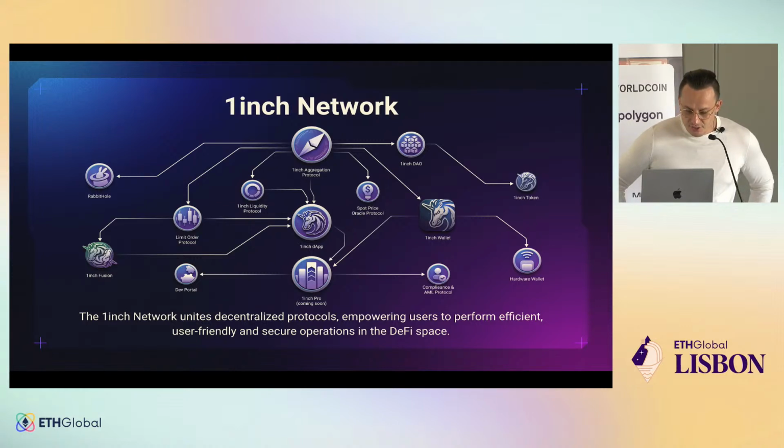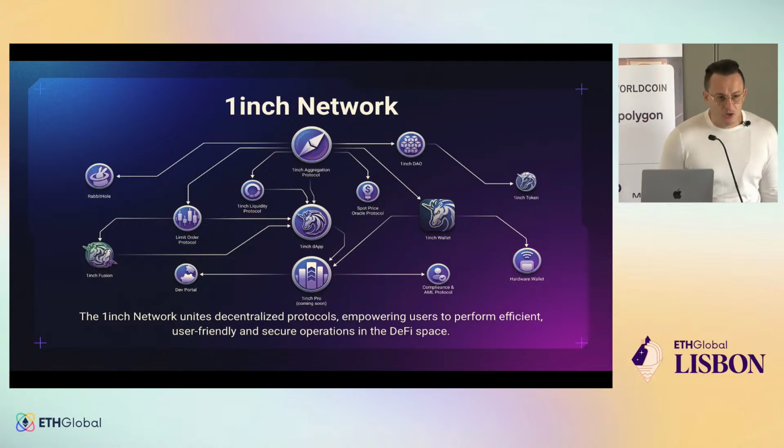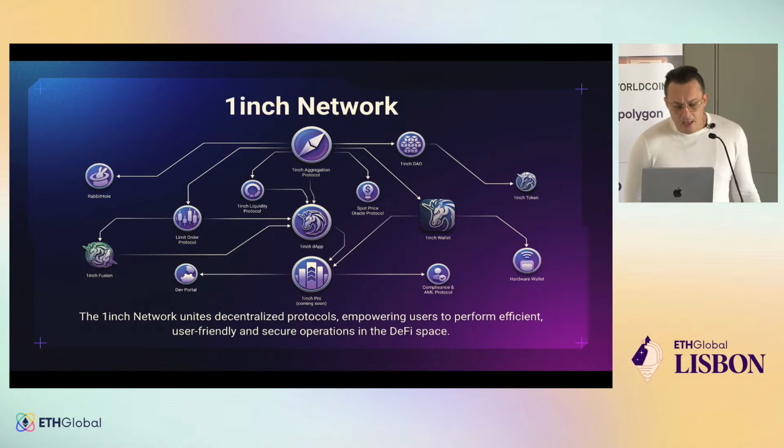But you see, nowadays we have a huge set of protocols. We started with the aggregation protocol, then we built the liquidity protocol. We came to our DAO. Our token was launched by the foundation back in 2020. We built our self-custody wallet because we didn't find a proper wallet out there.